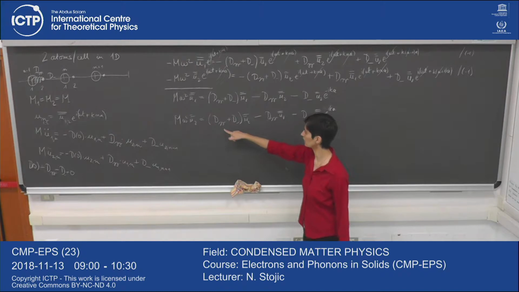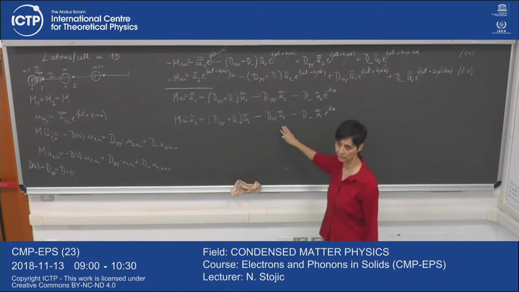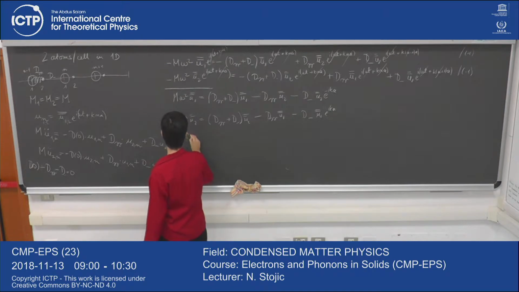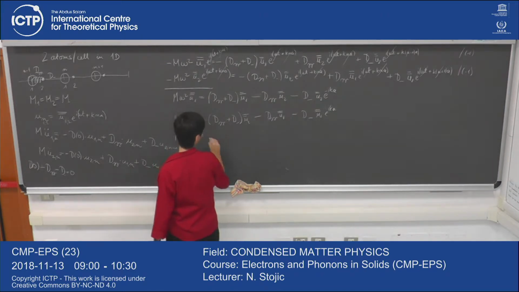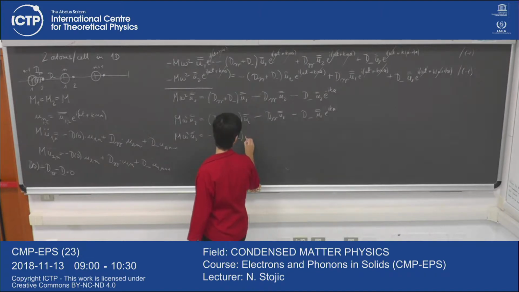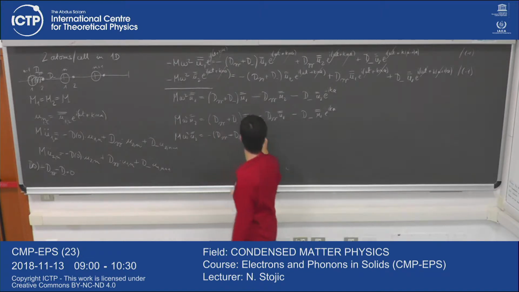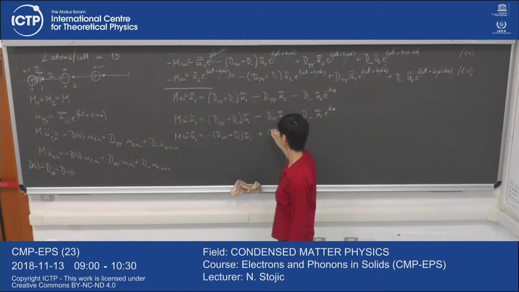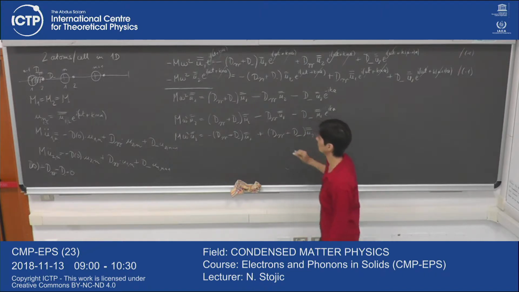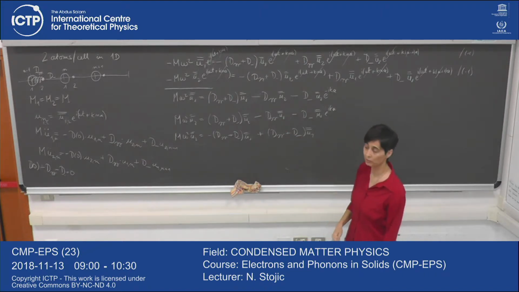Now I can write the second one, putting the U1 first, just to write the matrix easier. So U1 is minus the strong plus U1 plus, it's the same thing, I just changed the order.